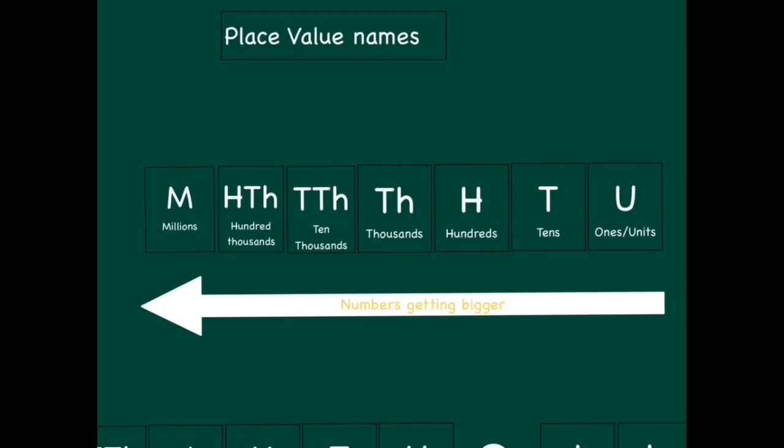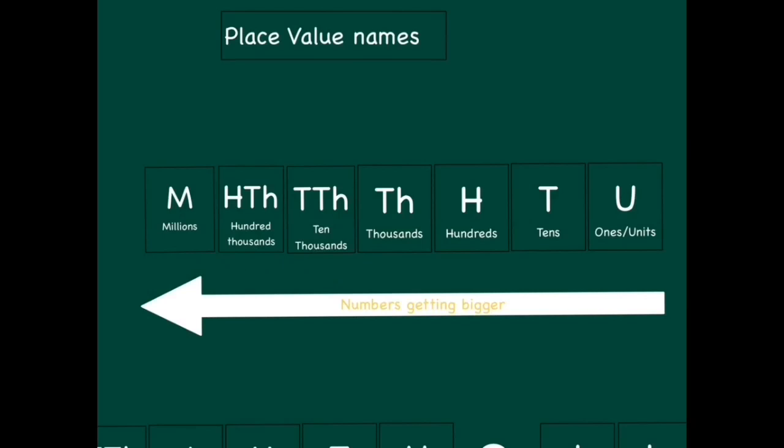In fact, they're getting 10 times bigger. 10 ones make a 10, quite obviously. 10 tens make 100. 10 hundreds make 1,000. 10 1,000s make 10,000. 10 10,000s make 100,000. And 10 100,000s make 1,000,000.